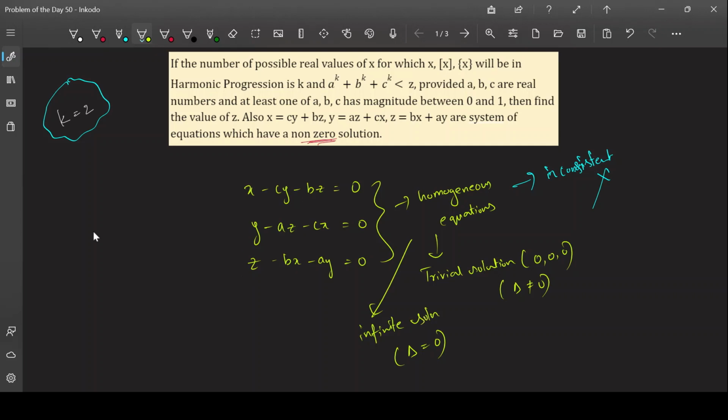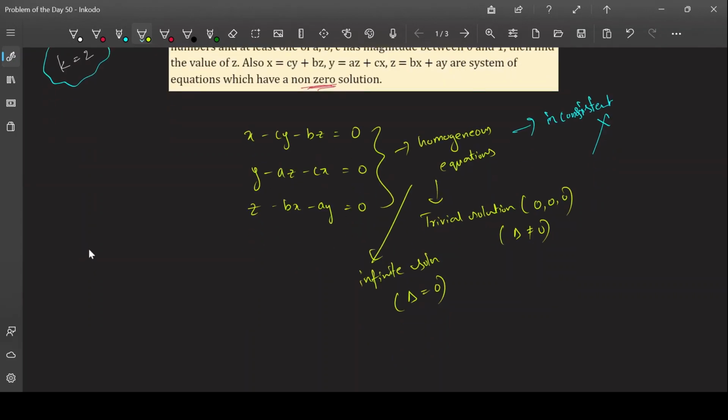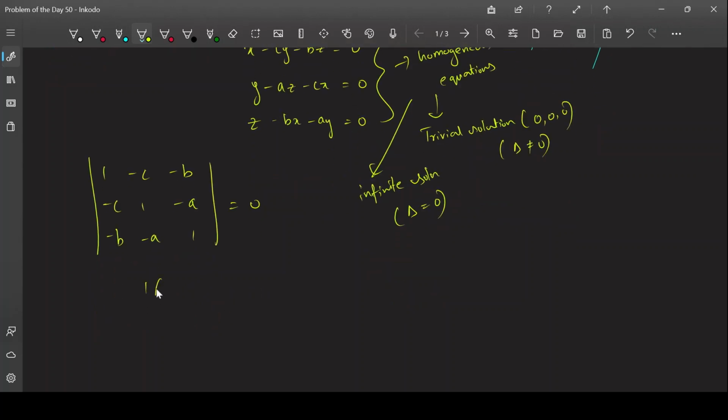So we will find the determinant now. That is 1, minus c, minus b; minus c, 1, minus a; and minus b, minus a, 1, equal to 0, fine. Now this is 1 times (1 minus a square) plus c times (minus c plus ab), and minus b times (ac plus b) is equal to 0.